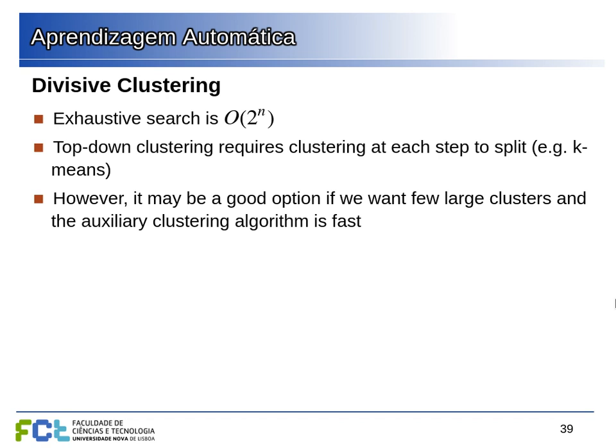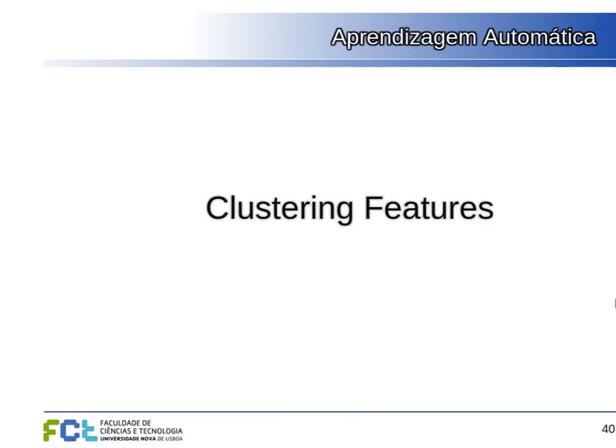It can be a good option even if we have a very large data set, if we want few clusters, because in that case we don't need to split many times, we just need a few iterations until we have the results that we want.